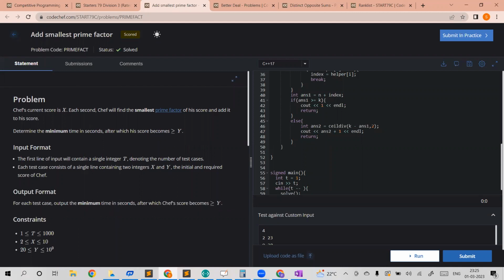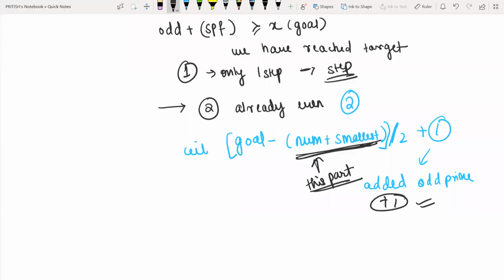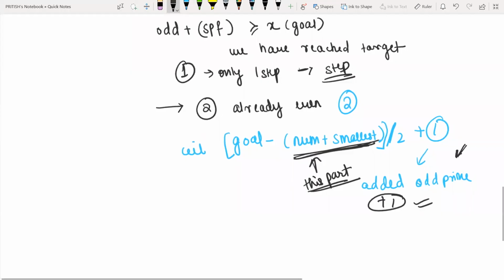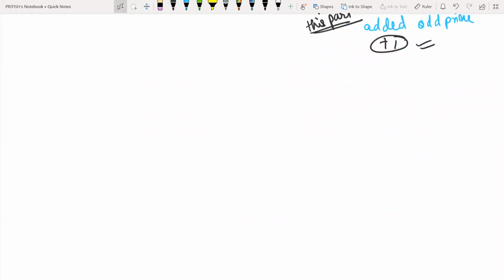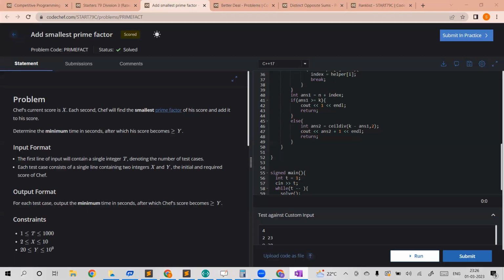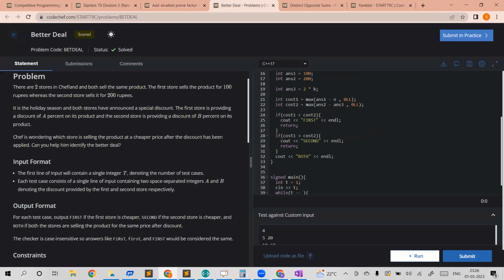Ans1 is n plus index, as you can see, and we can print ans2 plus 1, because I have shown that we have also added an odd prime here, so one more extra step is required. I hope this question is understandable to all. Just tell a yes or no, or you can also tell me in chats also. It's your wish.